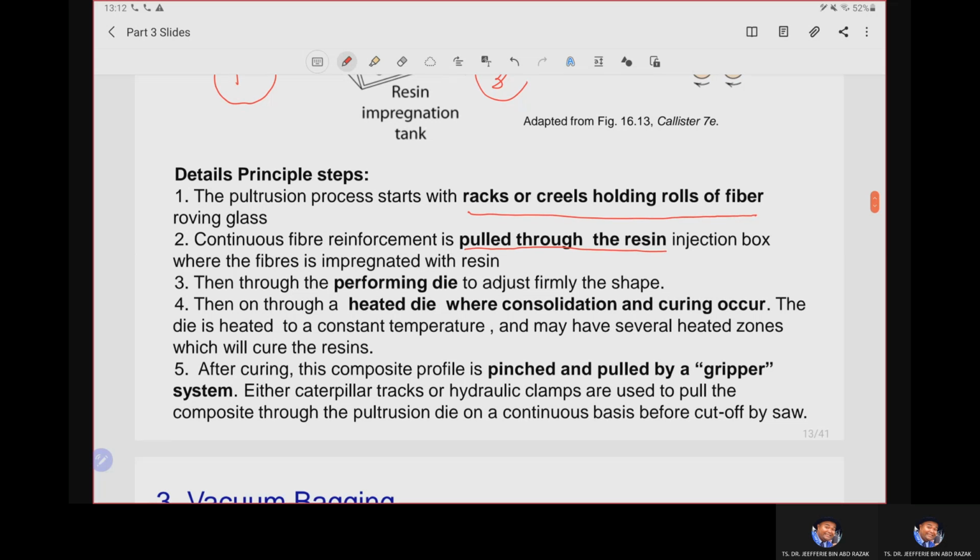Next, the wetted fibers go through the preforming die to be adjusted firmly into the required shape. Then they proceed through a heated die where consolidation and curing take place. After curing, the pultruded composite profile is pulled by the gripper system, before being cut off by the automated saw.